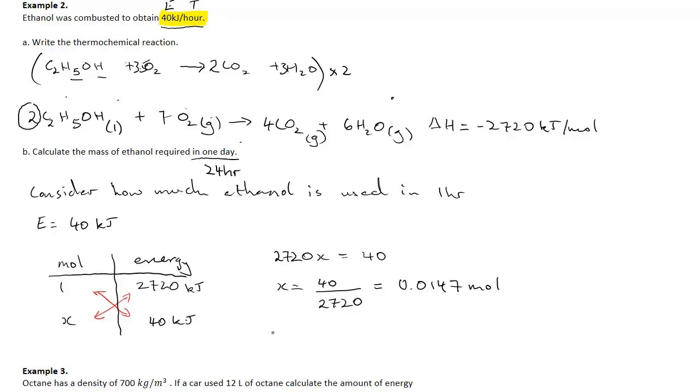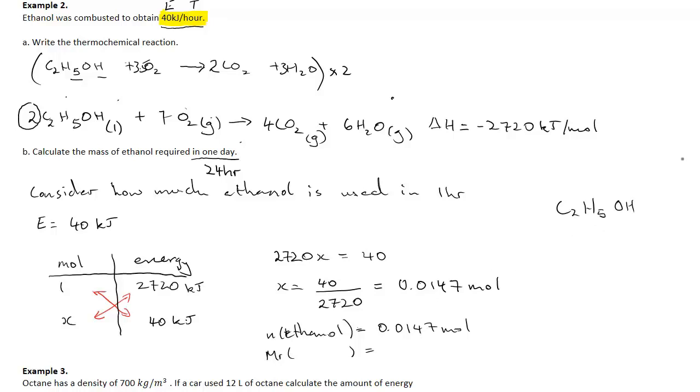What we can then do is get back to the mass of ethanol. We know the mole of ethanol is equal to 0.0147 mole, and the molar mass of ethanol can be calculated by working out the molar mass of the substance.